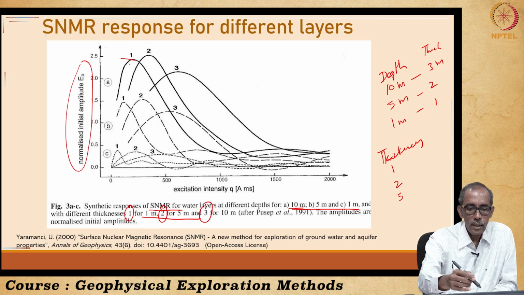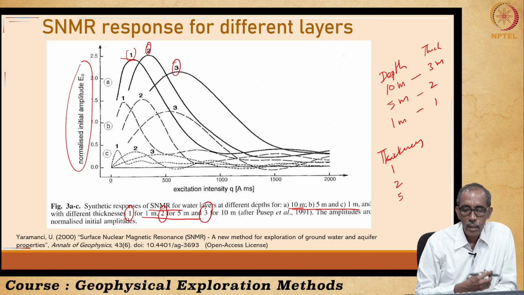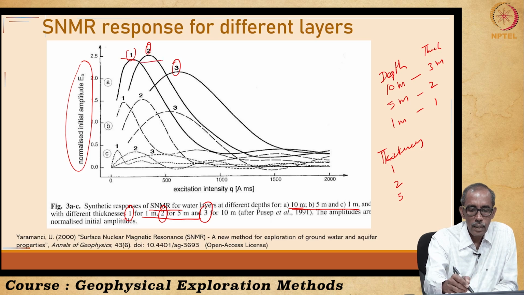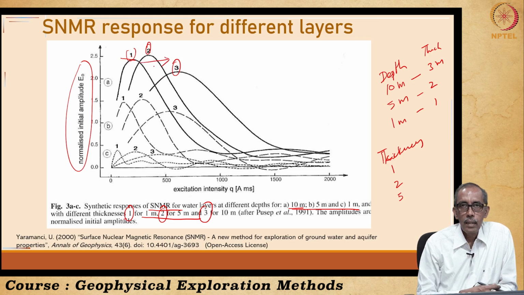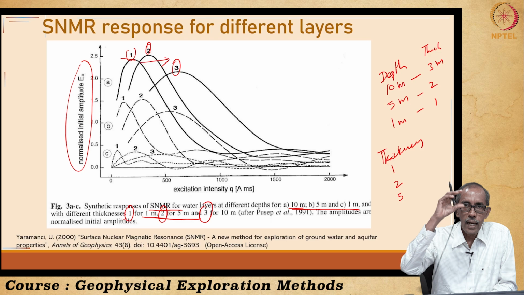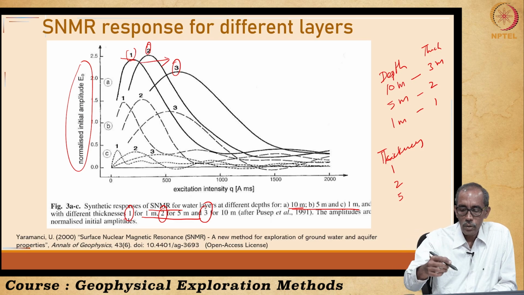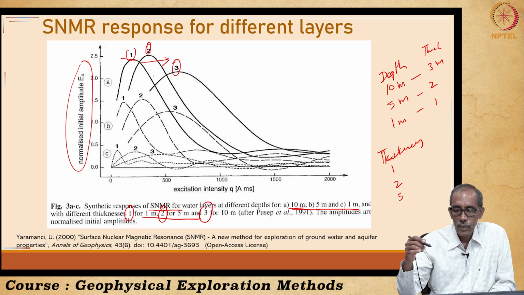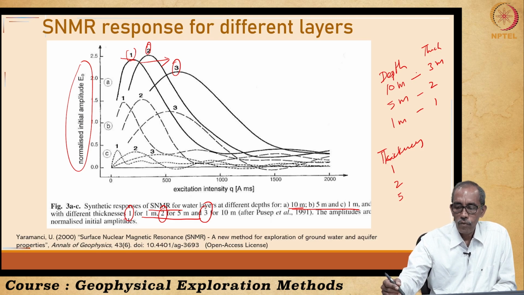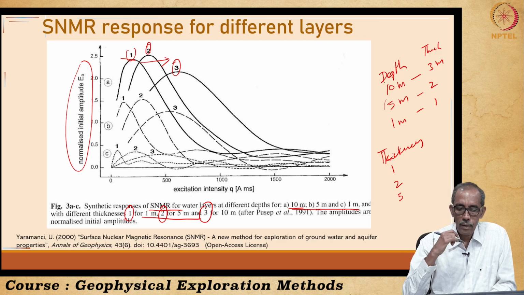These are the 3 layers, layer 1, layer 2, layer 3. Please see their peak gets kind of offset. That is controlled by what? That is controlled by the thickness of the formation as well as its location from the ground surface. So, 1, 2, 3 here refers to the different formations which are located at 1 meter depth, 5 meter depth and 10 meter depth.